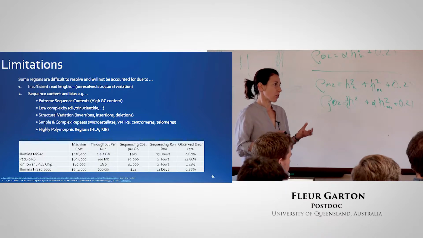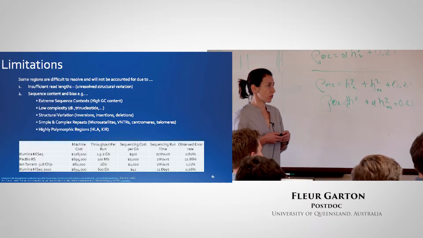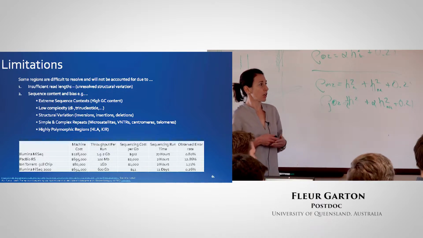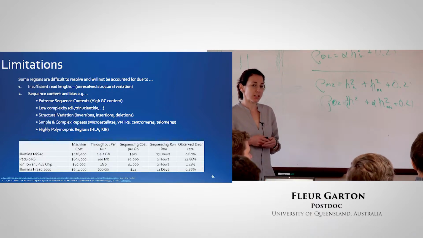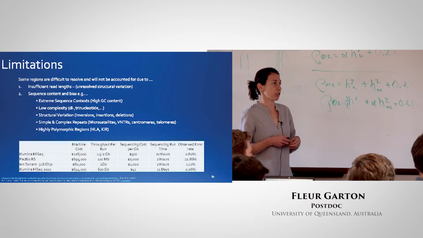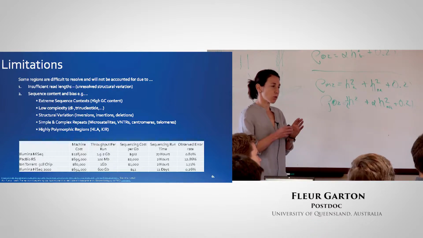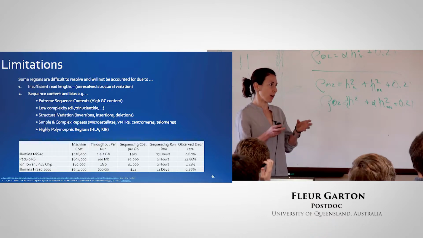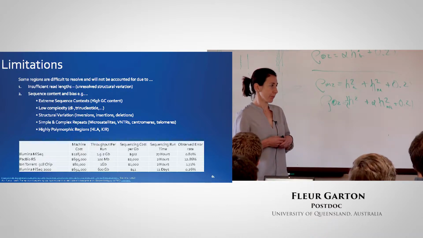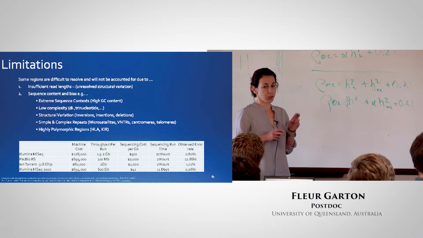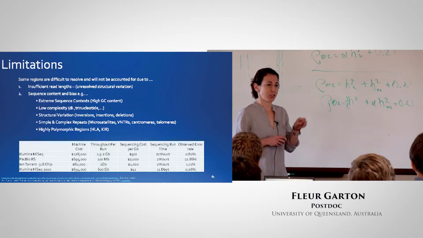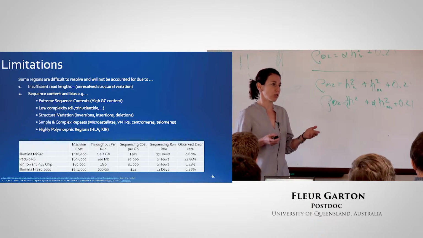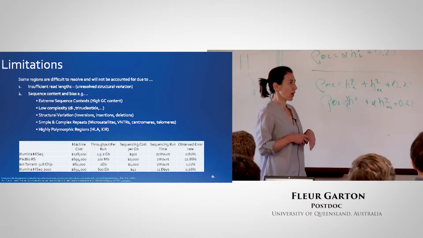There's also sequence content and bias, particularly in areas where you have a very high GC content, or if there's a lot of low complexity, so lots of dinucleotides all in a row, or trinucleotides, it can have issues mapping that back to the reference genome. What's a dinucleotide? Just two bases repeated, just like CG, CG, CG, CG, or trinucleotide, same thing with an extra letter.